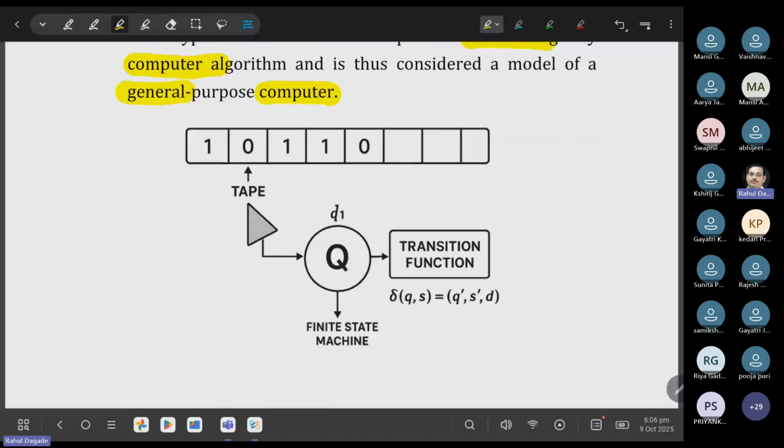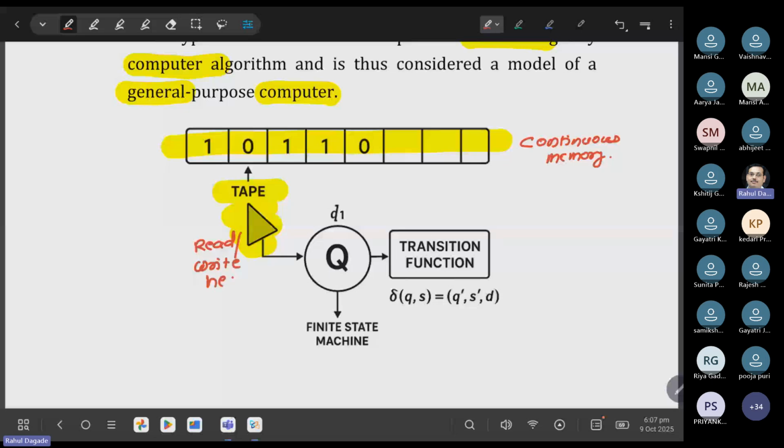So how does a Turing machine look? It has a tape. This tape is like continuous memory. And then there is a head, which you can call a read write head.